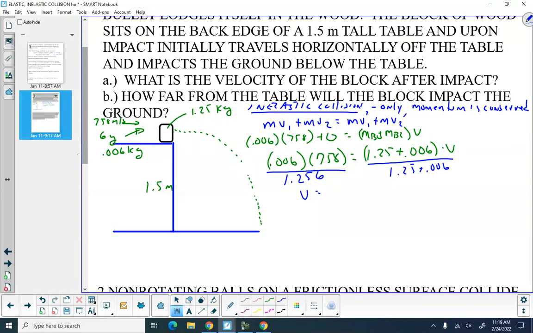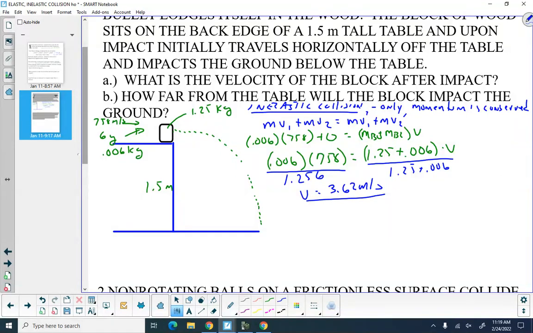So our velocity after impact is what, Amber? 3.62 meters per second. Good. So a 6 gram bullet traveling 758 meters per second has been slowed down to 3.62 meters per second.